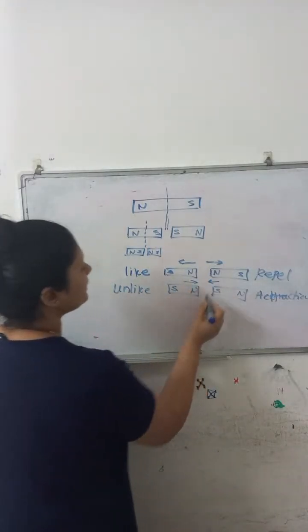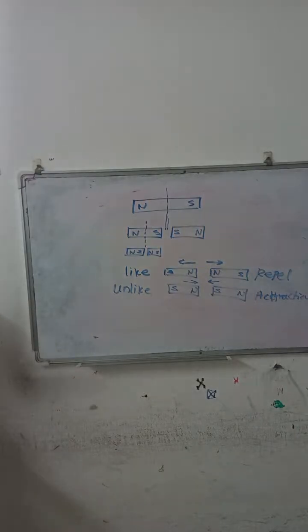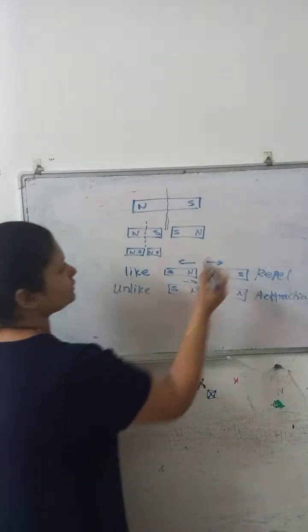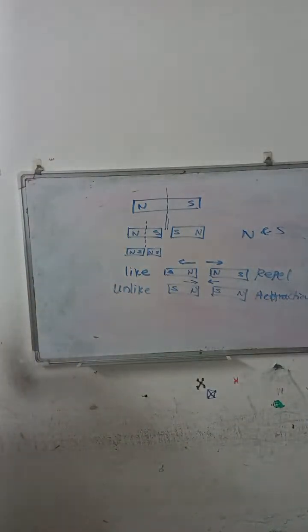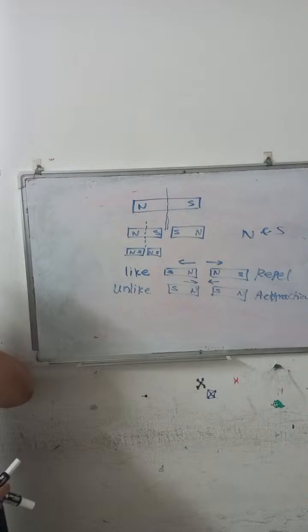Very important. Now these magnets have some characteristics, and magnetic field lines are also produced. When you suspend a magnet freely, it always shows the north and south direction. This is the basics of the magnet.